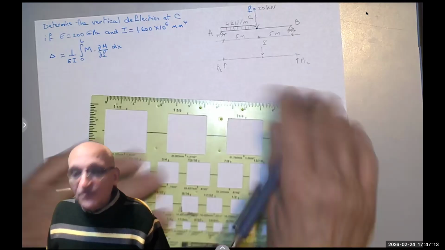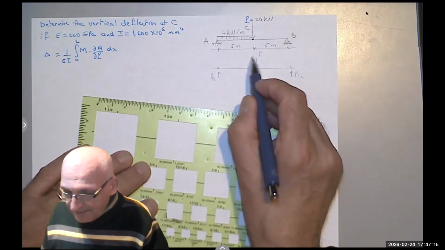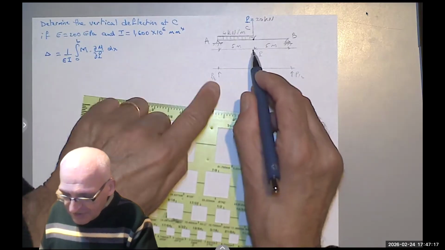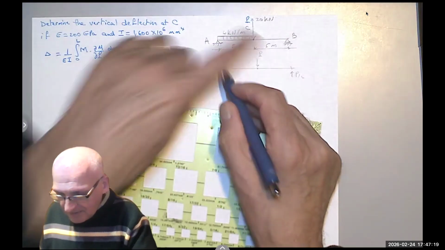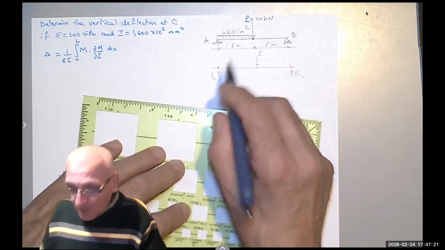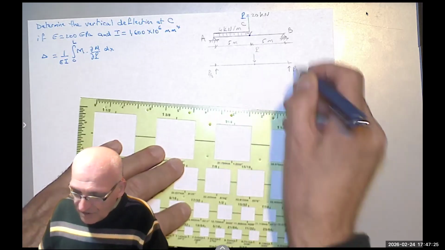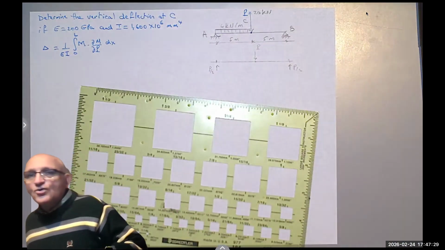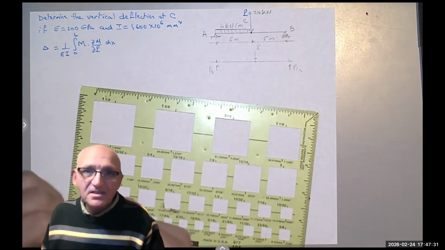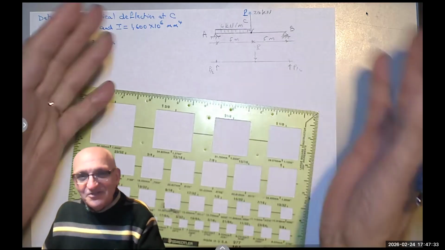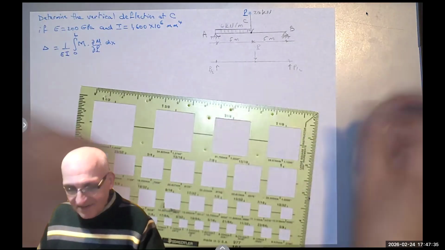Because instead of P, if you draw this as P over 2 and P over 2, this one produces a couple, no forces, just a pure moment going clockwise, and this with the other half will do a counterclockwise couple. These couples cancel each other, so you can just ignore them when you take the reaction. If you don't believe me, you can use P over 2 and P, but it really doesn't matter.